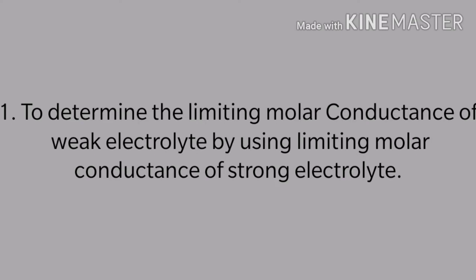To determine the limiting molar conductance of a weak electrolyte by using the limiting molar conductance of a strong electrolyte, I have already taught you, and then you have solved some examples also based on this topic.